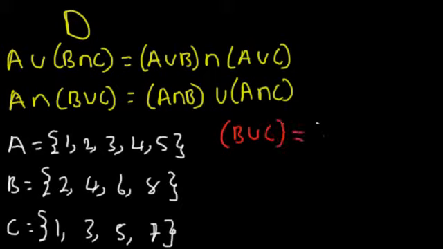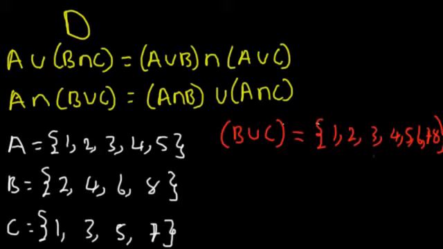What are the elements in B union C? These are 1, 2, 3, 4, 5, 6, 7, and 8.